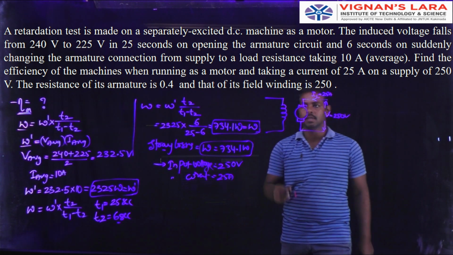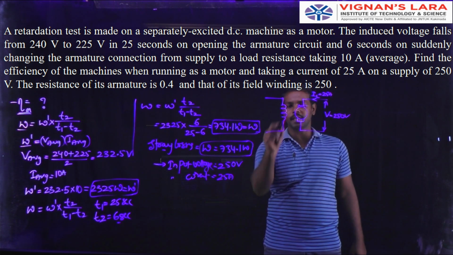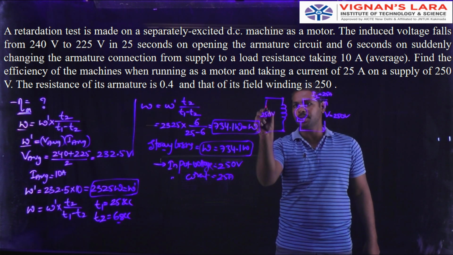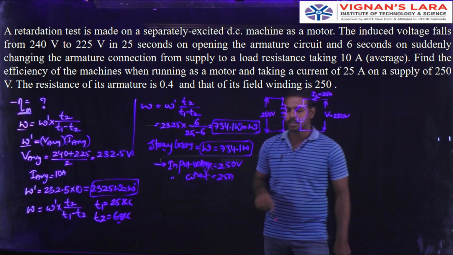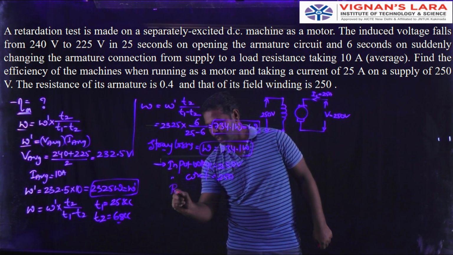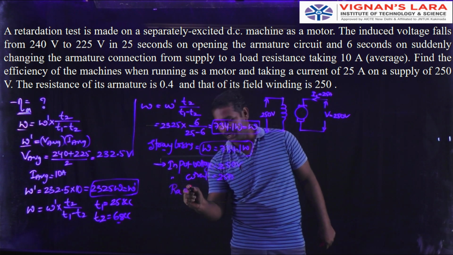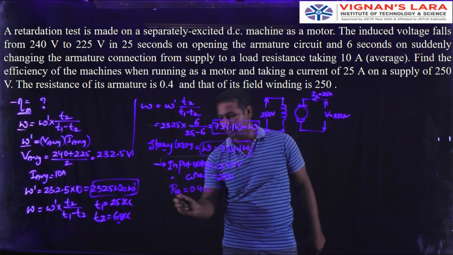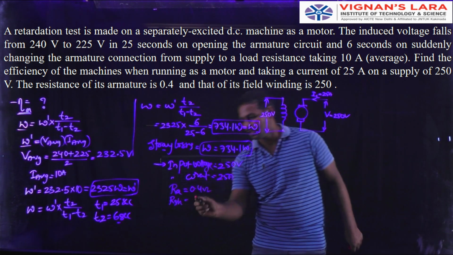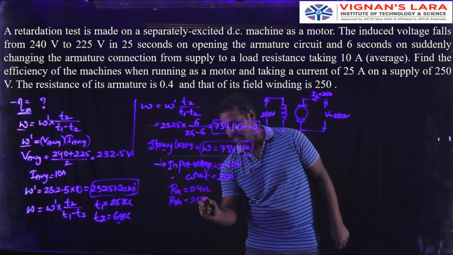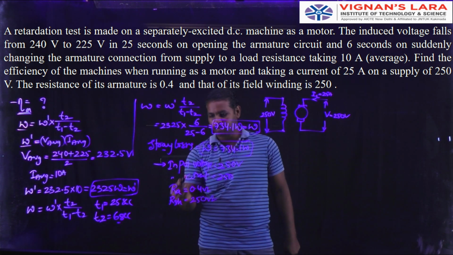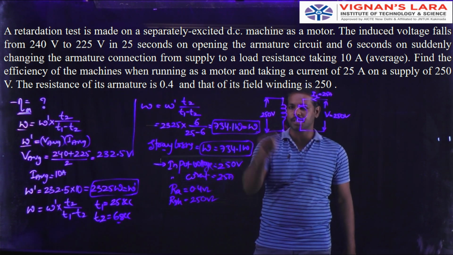The voltage across the field winding is also 250 volts. The armature resistance RA is equal to 0.04 ohm. RSH is equal to 250 ohms. Based on the given data, the voltage across the shunt field winding is also equal to 250 volts.